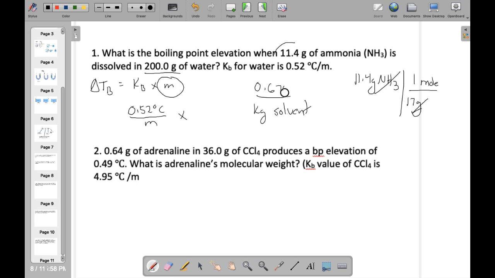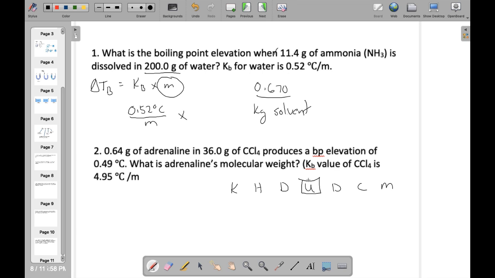What about kilograms of solvent? Well, I have 200 grams of water. Now I have to convert that into kilograms because that is the solvent. Let's go back and remember King Henry doesn't usually drink chocolate milk.